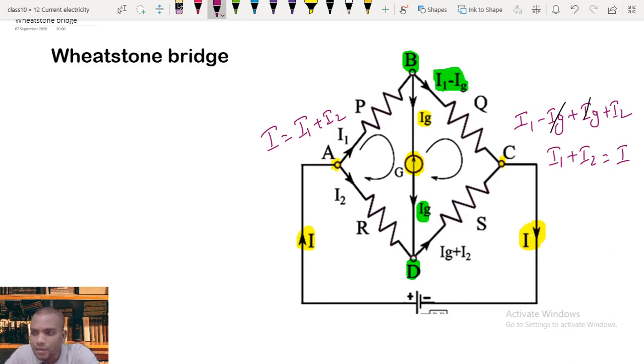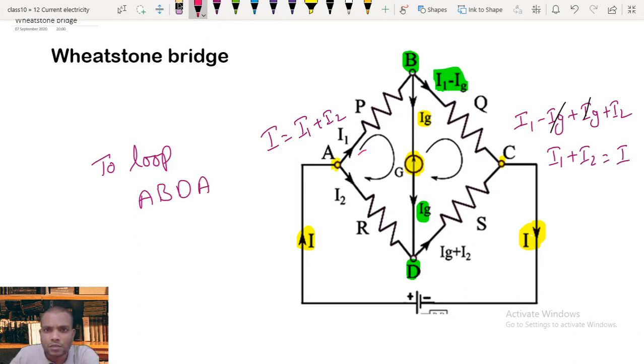Now let's apply Kirchhoff's rules to the loop A, B, D, A. I would like to travel in the loop in this direction, the clockwise direction.